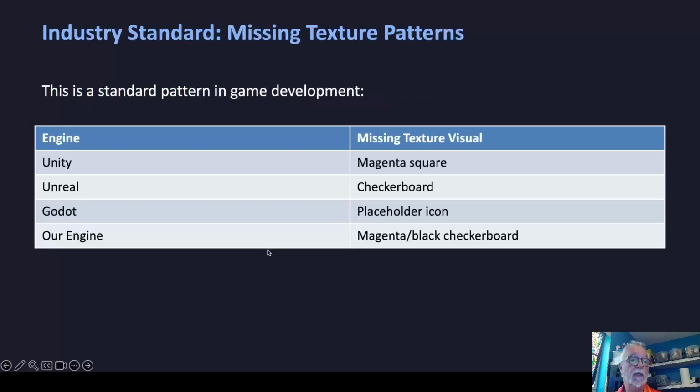So this is quite standard. Unity uses a magenta square. Unreal is a checkerboard. Godot has some sort of placeholder icon. Our engine has a magenta and black checkerboard. So you can see that the texture is missing.